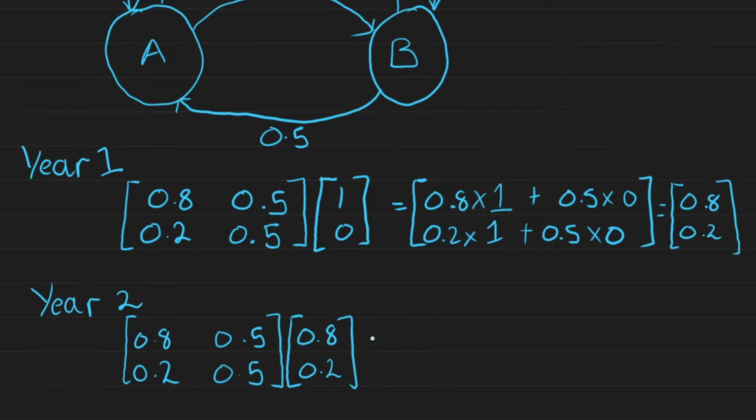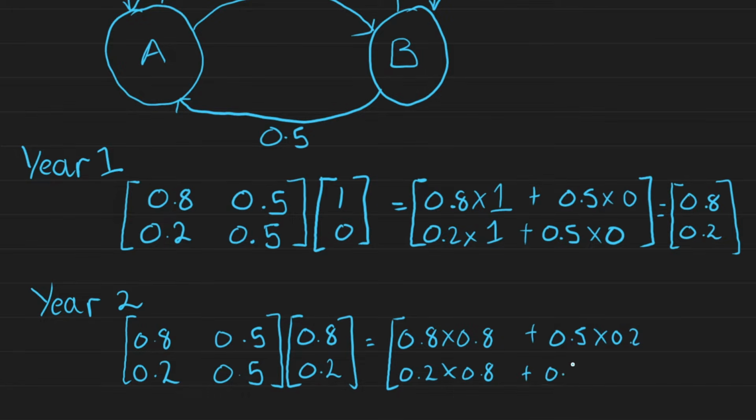Then performing this same calculation, it's going to be 0.8 times 0.8 plus 0.5 times 0.2, and 0.2 times 0.8 plus 0.5 times 0.2.